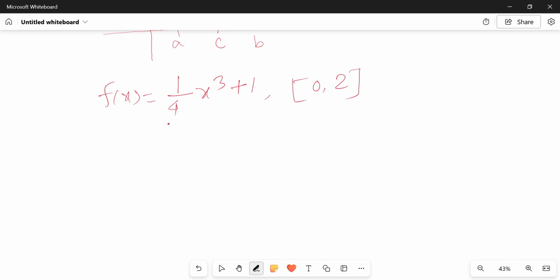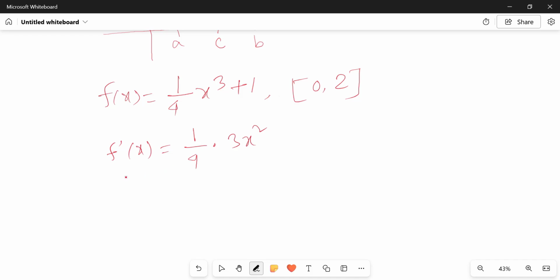Now we have to see whether it satisfies the mean value theorem or not. First we take the derivative: f prime of x is equal to 1 by 4 times 3x squared.